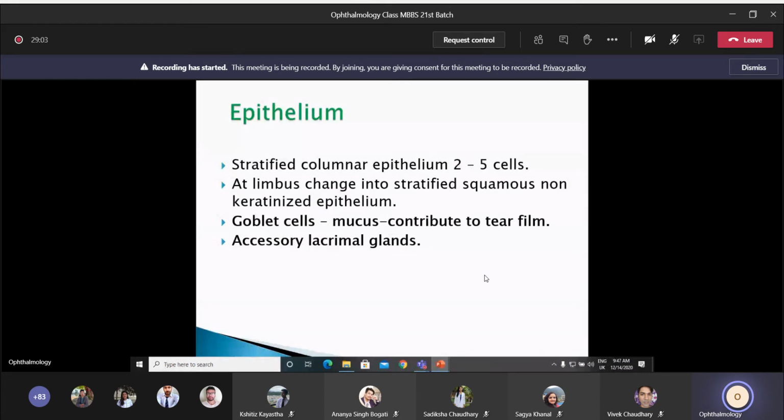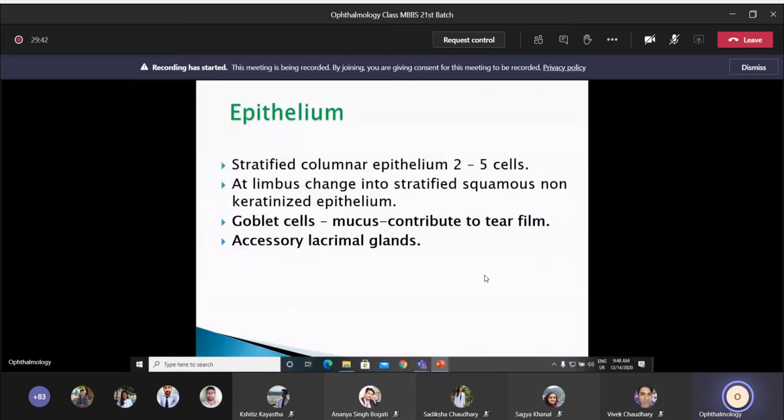And the main feature of the epithelium is the presence of goblet cells. Okay, which are very important in that they secrete mucus or mucin, and they contribute to the mucin layer of the tear film. Okay, so goblet cells are found in the epithelium of the conjunctiva, and it also has the presence of accessory lacrimal glands, which also contribute to the tear film, mainly the aqueous layer of the tear film.